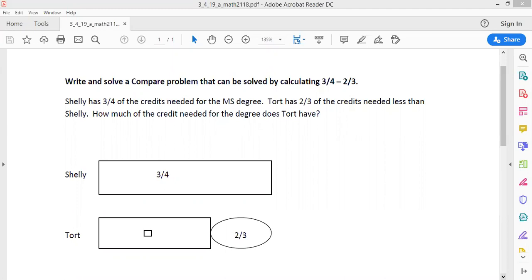If we draw ourselves a math picture, we know that Shelley's amount is 3/4 and Tort's amount is some amount plus the 2/3 to form Shelley's amount.